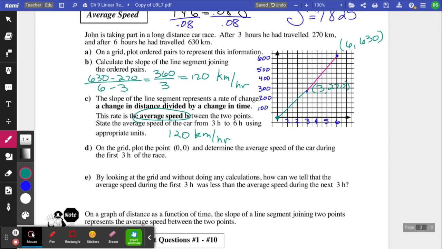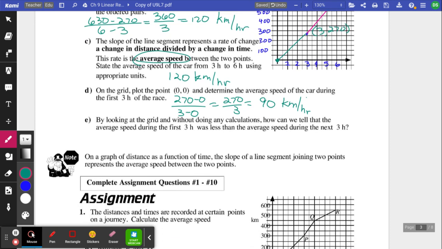Because at 0, 0, he would not have traveled anywhere, so there'd be no time and no distance traveled, right? So 0, 0 is a legitimate point. So if I went from 270 minus 0 over 3 minus 0, what do I end up with? 90. So it's not quite the same. It's a tiny bit slower. So that's why it's hard to see, but be as accurate as you can.